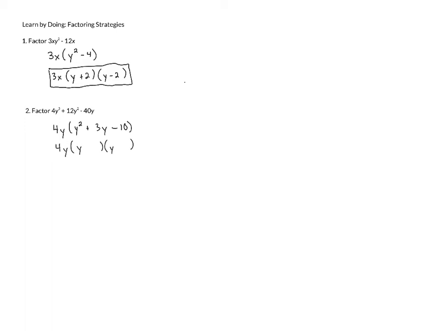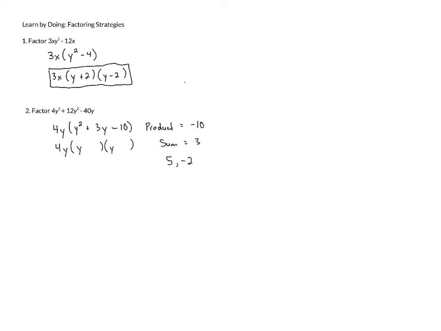In this case, we need to find two numbers that have a product of -10 and a sum of +3. What are these numbers? The numbers we're looking for are +5 and -2.